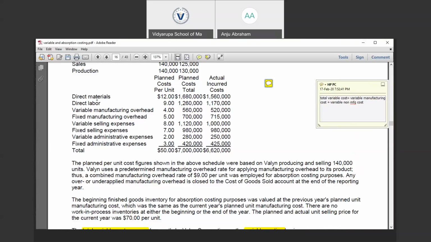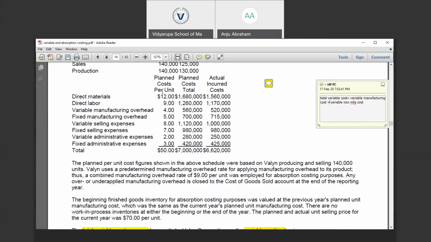Direct material, direct labor, and variable manufacturing overhead comprise the variable manufacturing cost. And there is variable non-manufacturing cost like variable selling expenses and variable administrative expenses. We know that the per unit variable cost will be constant in the particular range of activity, and we are not given any information relating to a change in the relevant range. So we can assume that the per unit variable cost will be constant.